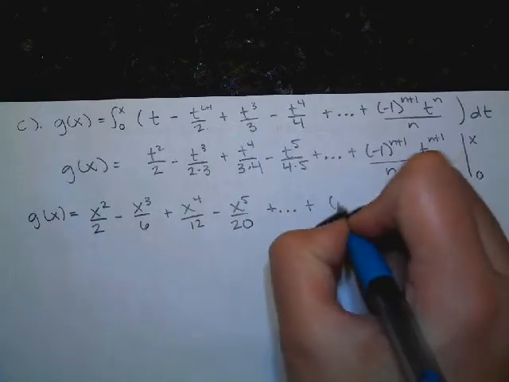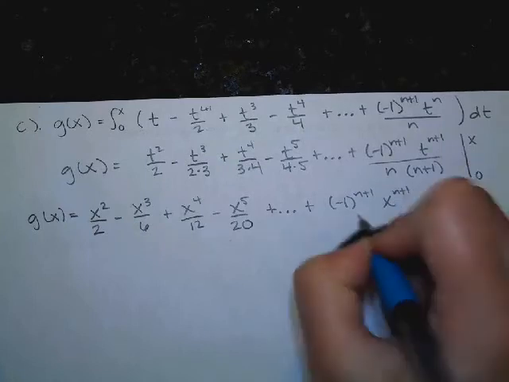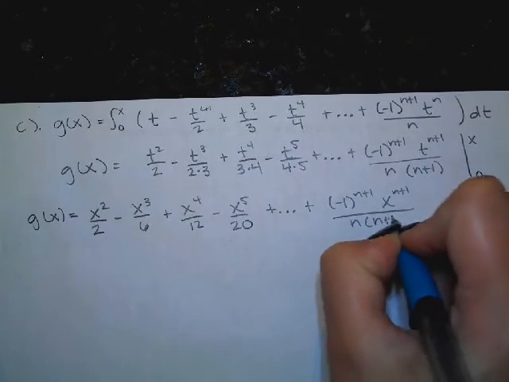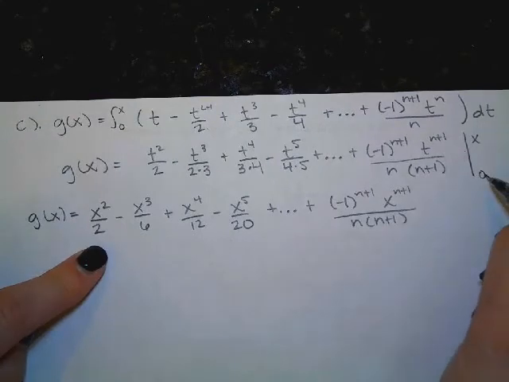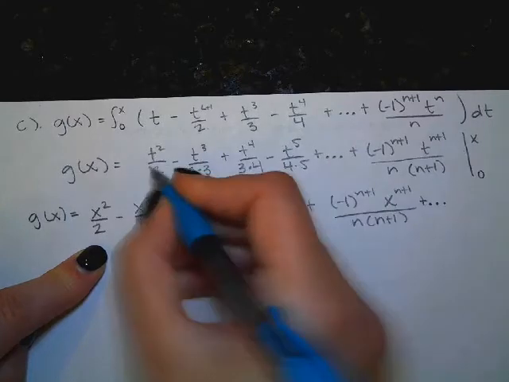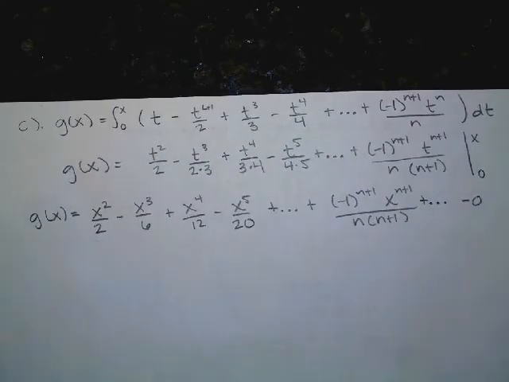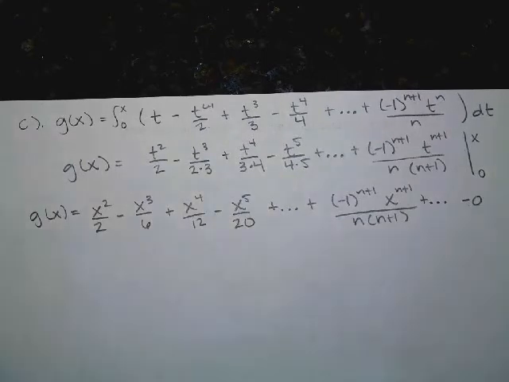It doesn't really matter. And then I'm going to put plus dot dot dot, and when I plug in 0, everything zeroes out. So I'm just subtracting 0 off the end. You probably don't even need to put that, to be honest. Okay, so there is our g of x.